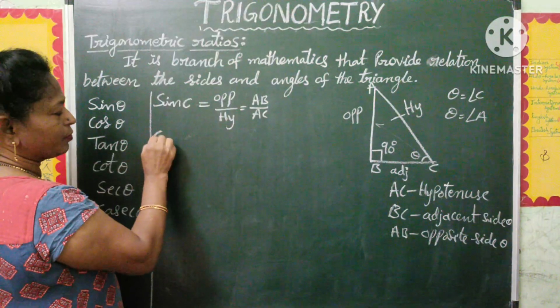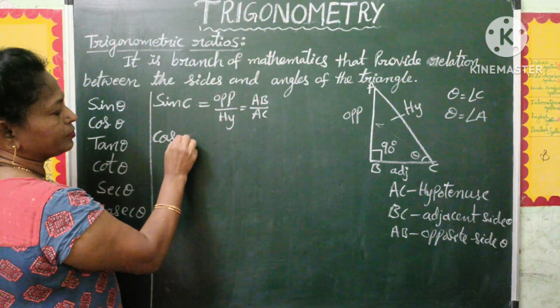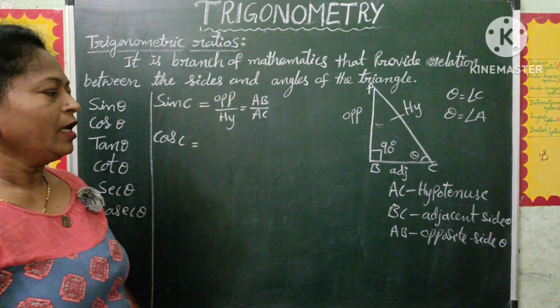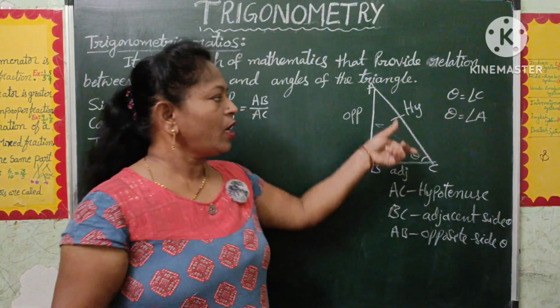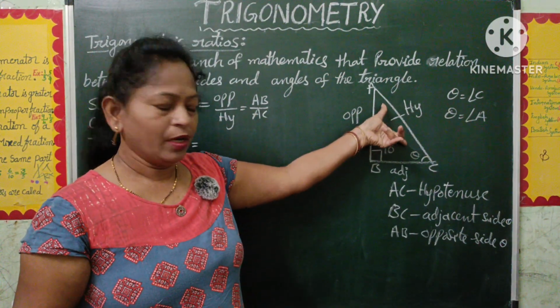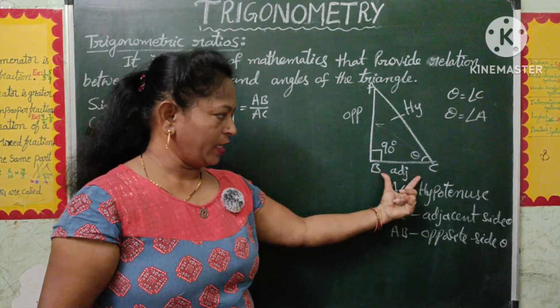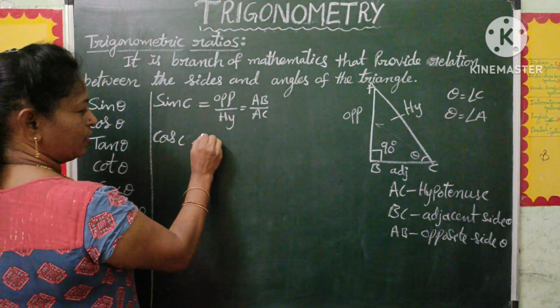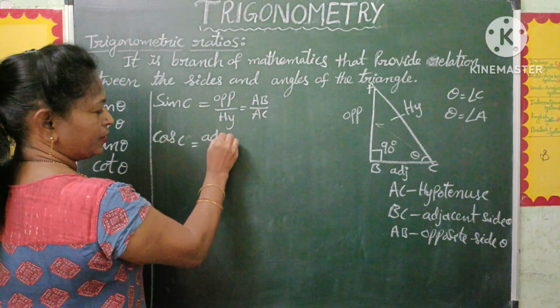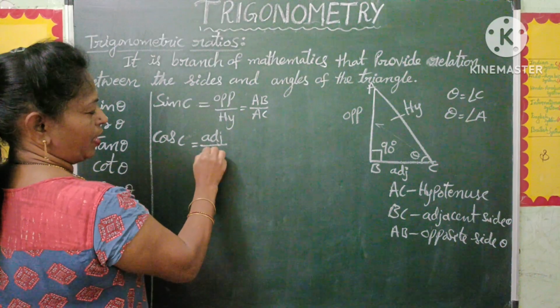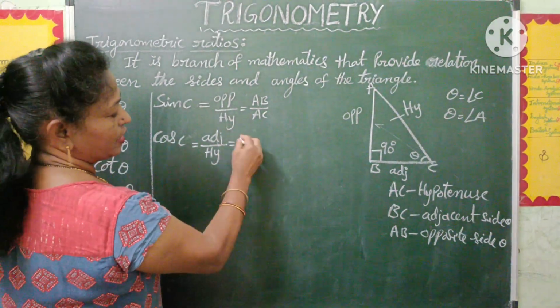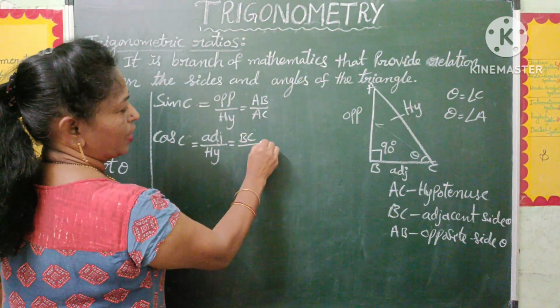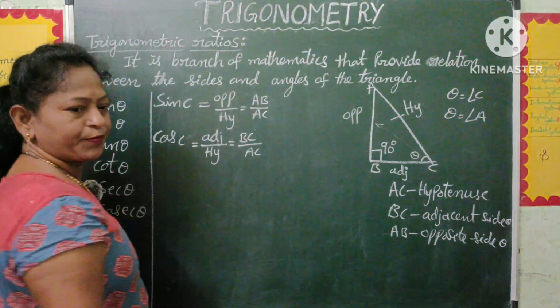Next, cos C. The ratio of cos is side adjacent to hypotenuse, adjacent by hypotenuse. Adjacent is BC and hypotenuse is AC.